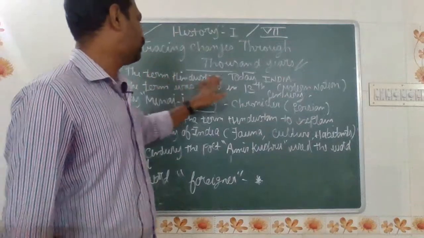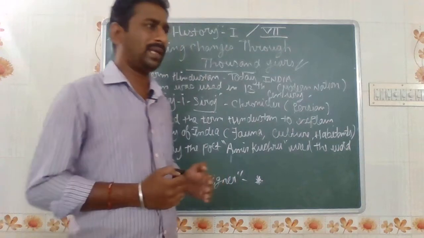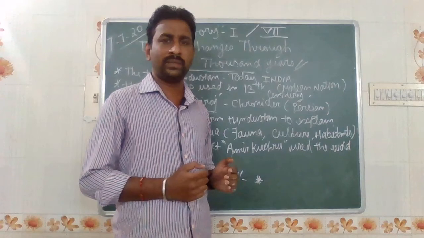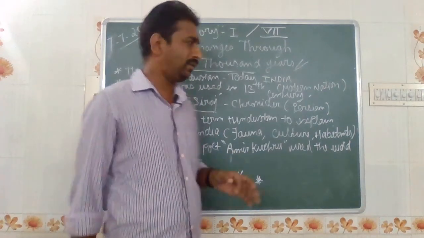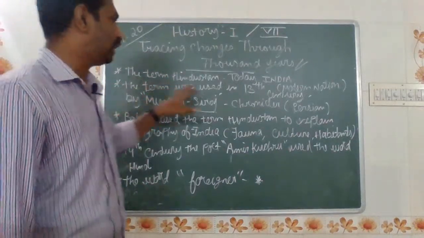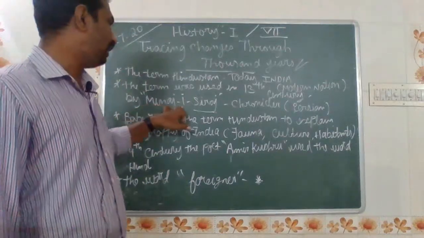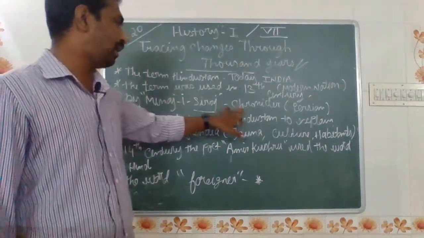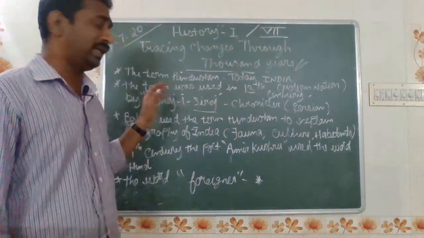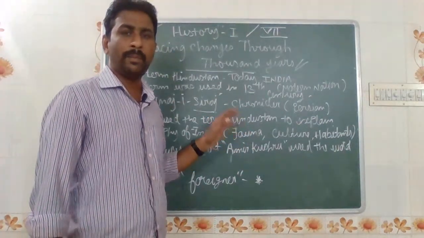The term Hindustan, today India. Before 1000 years, so many poets and so many kings were ruling our territory, and they used the term Hindustan. First of all, we will see the term Hindustan was used in the 13th century as a modern state by Minhaj-i-Siraj. He was a chronicler from Persia, and he wrote the term Hindustan in his chronicle, written in the Persian language.